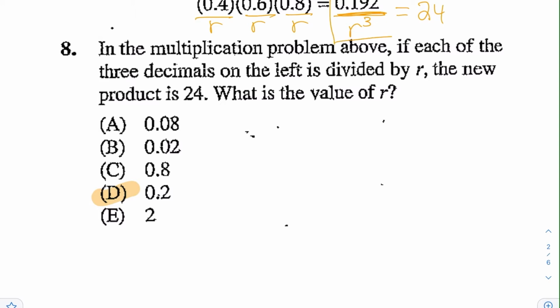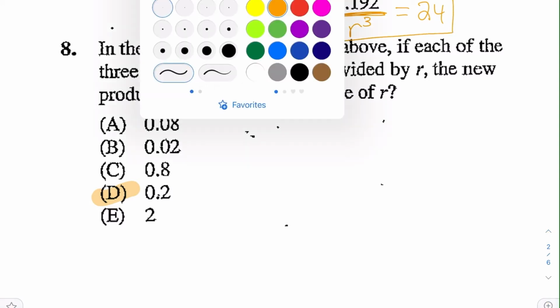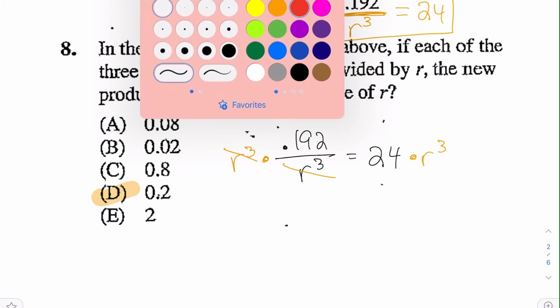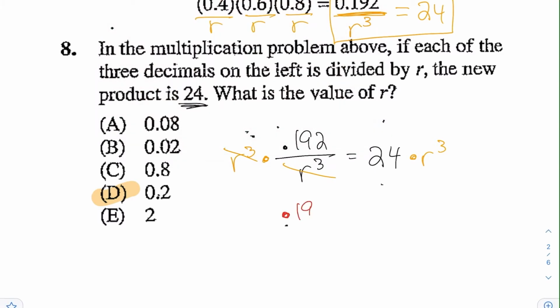So this is your equation: 0.192 divided by r cubed has to be equal to 24. Now from here, if you multiply by r cubed on both sides, you get 0.192 is equal to 24 r cubed.